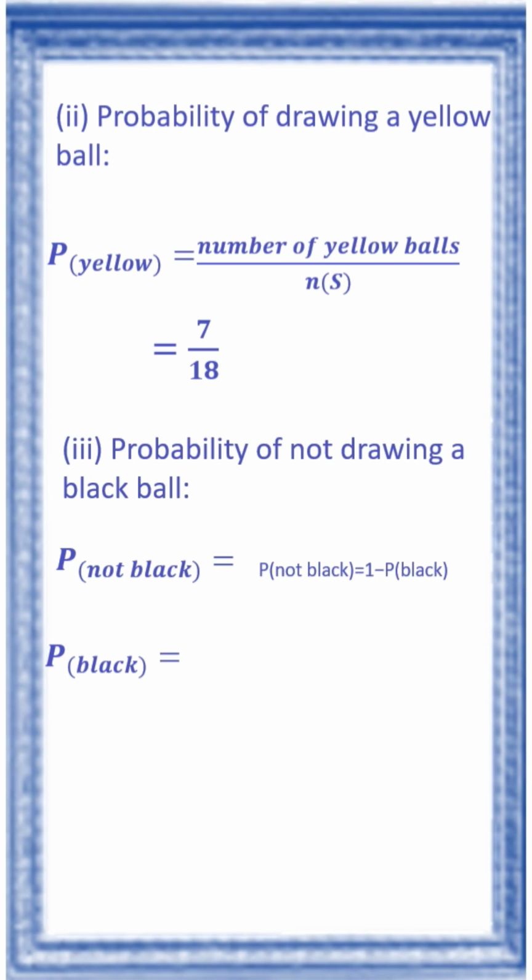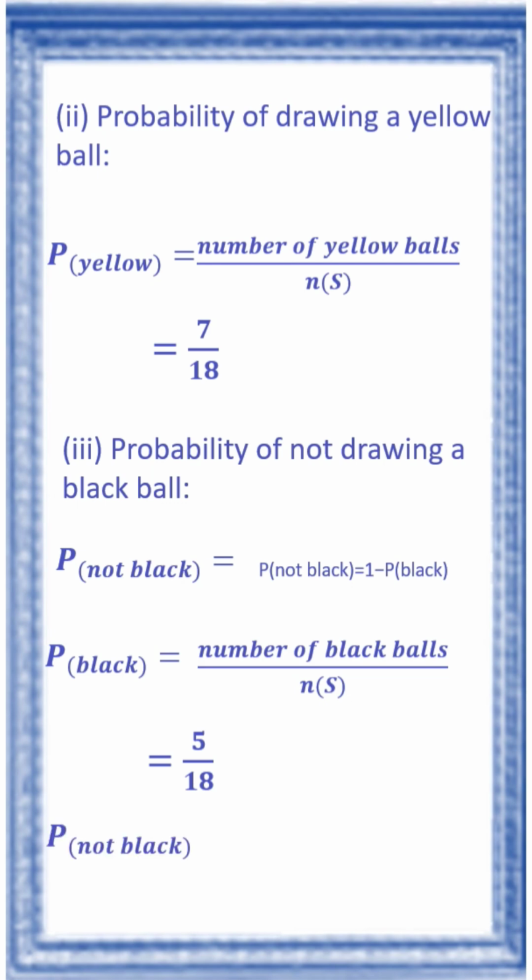Number of black balls upon number of S. Number of black balls is 5. 5 by 18. So P of not black is equal to 1 minus 5 by 18. LCM is 18. 18 minus 5 is 13. 13 by 18.